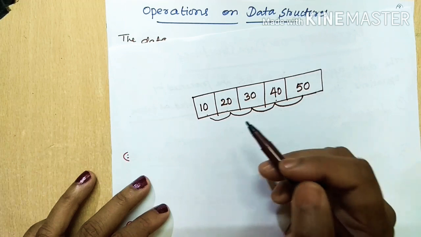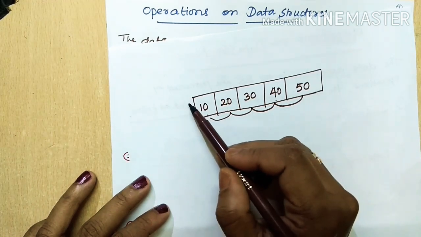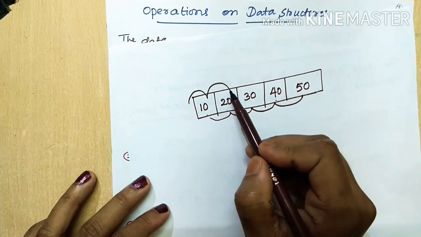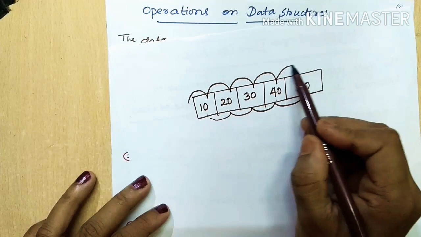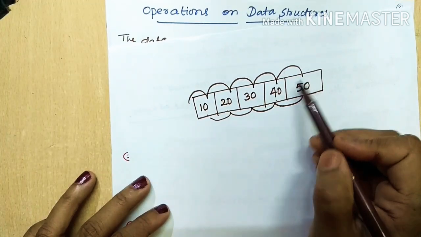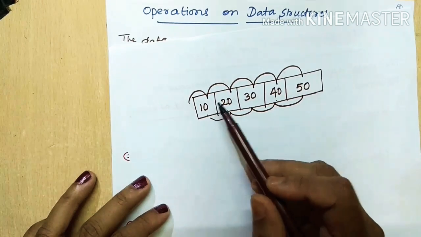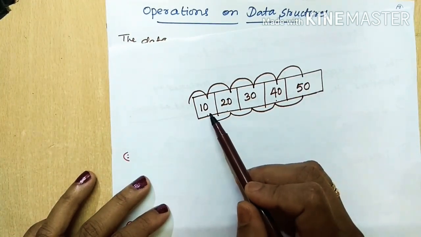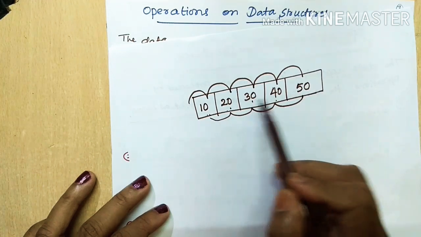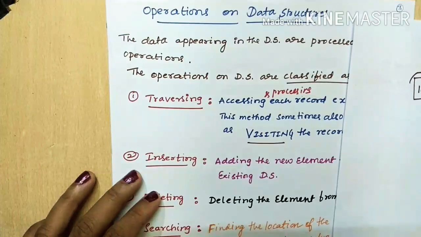Suppose I want to read, then also I am going to read first 10, next 20, next 30, next 40 and at last 50. Whether you are writing or reading, we visit the node exactly once. This process is called traversing.